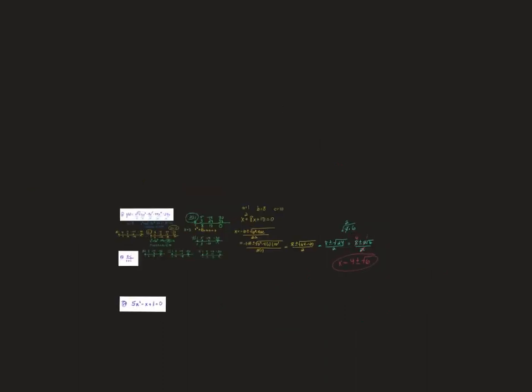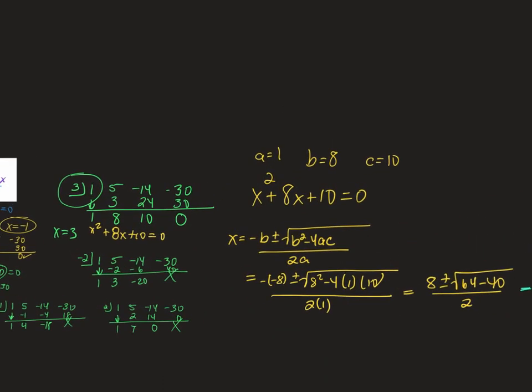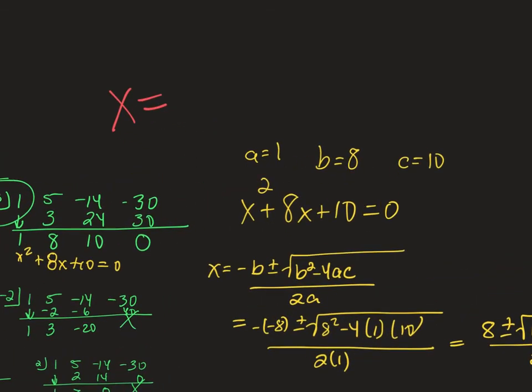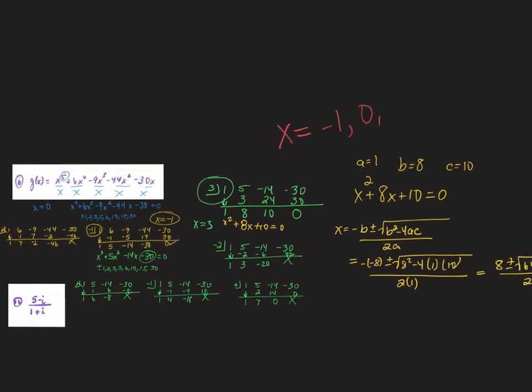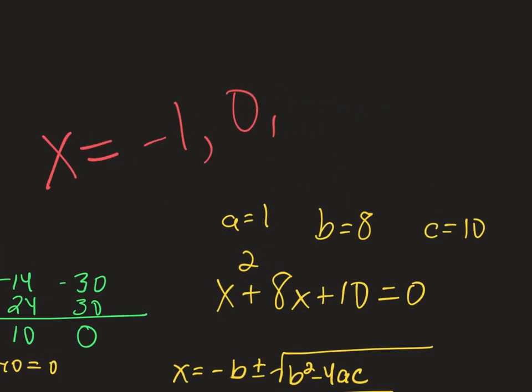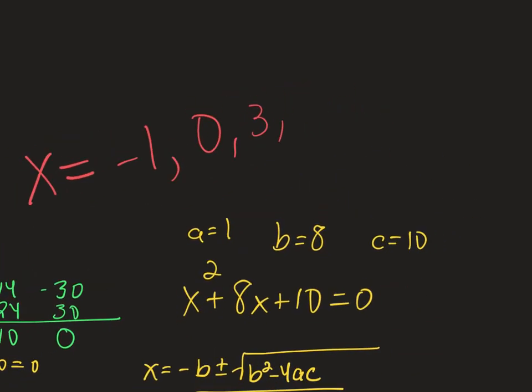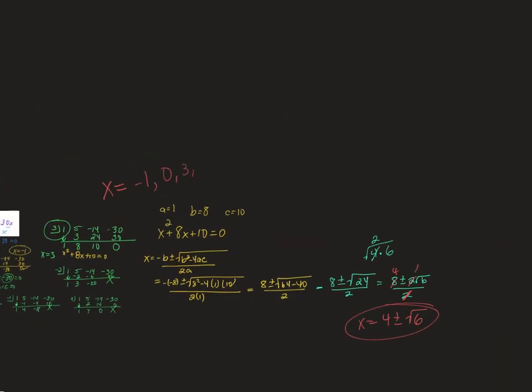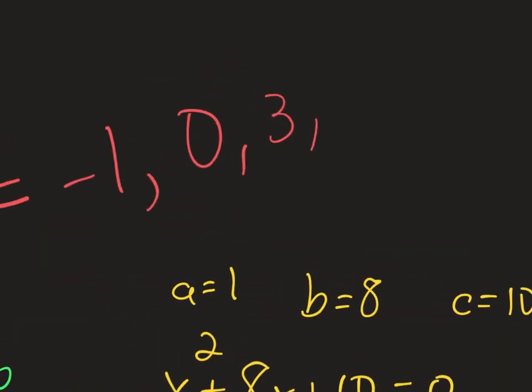So your 5 answers, ladies and gents, I know this was a long one, would be x equals negative 1, 0, and then we had 3, right? Yep, 3. And then negative 4 plus or minus root 6.